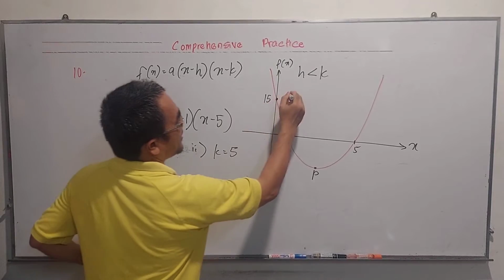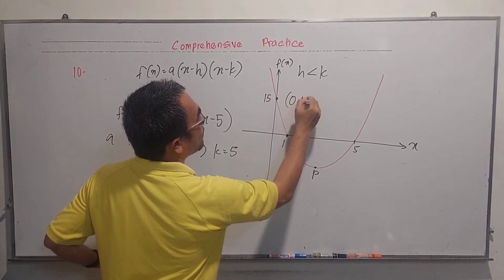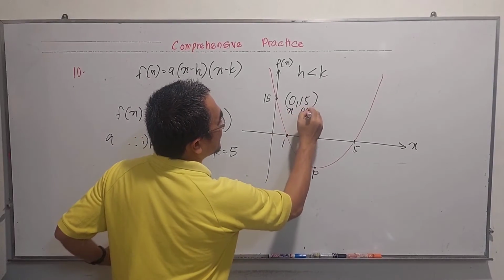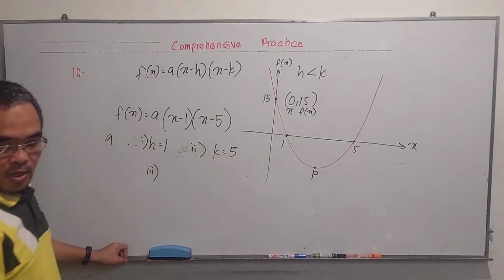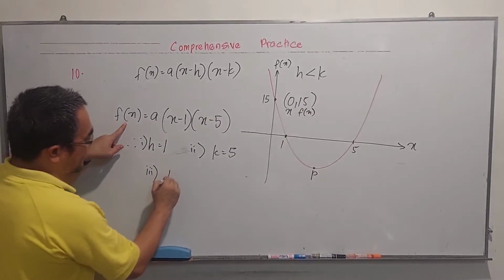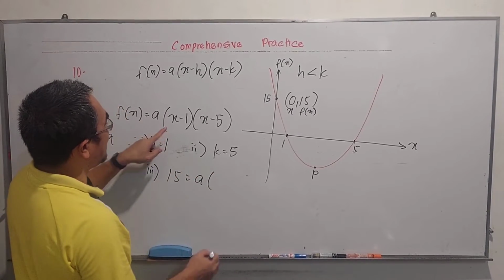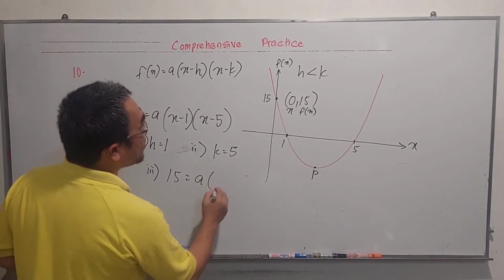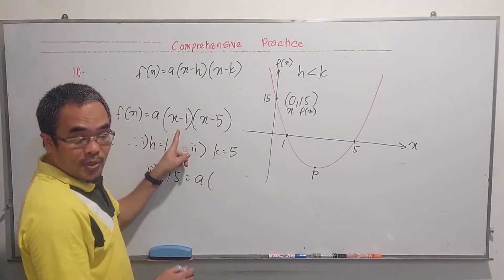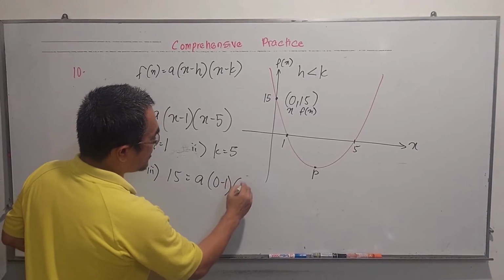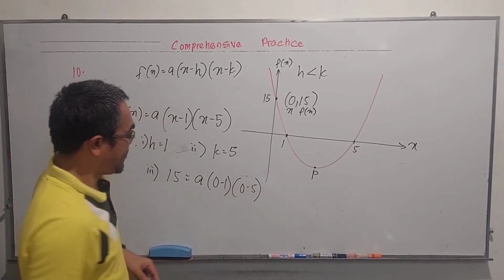You have to use this coordinate, 0, 15. So x is 0, f(x) is 15. Replace f(x) with 15 equals a, and replace x with 0: (0 minus 1)(0 minus 5).